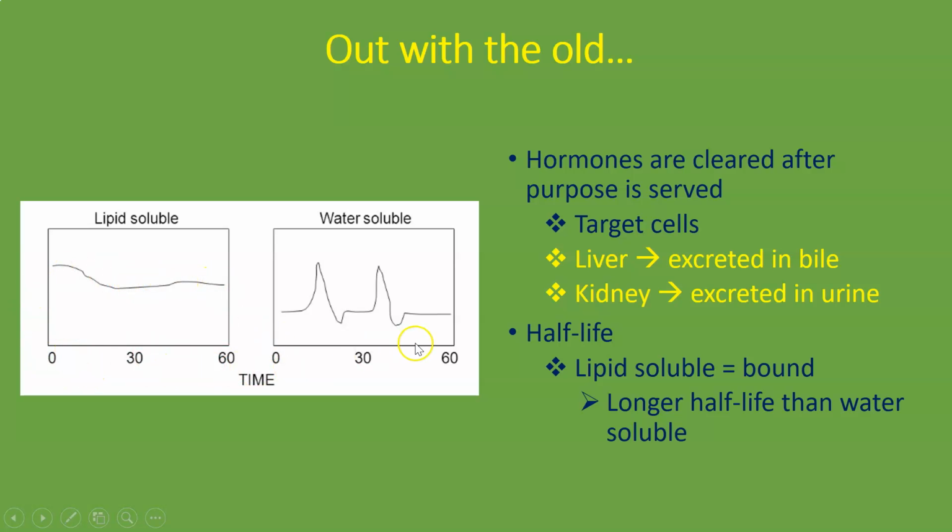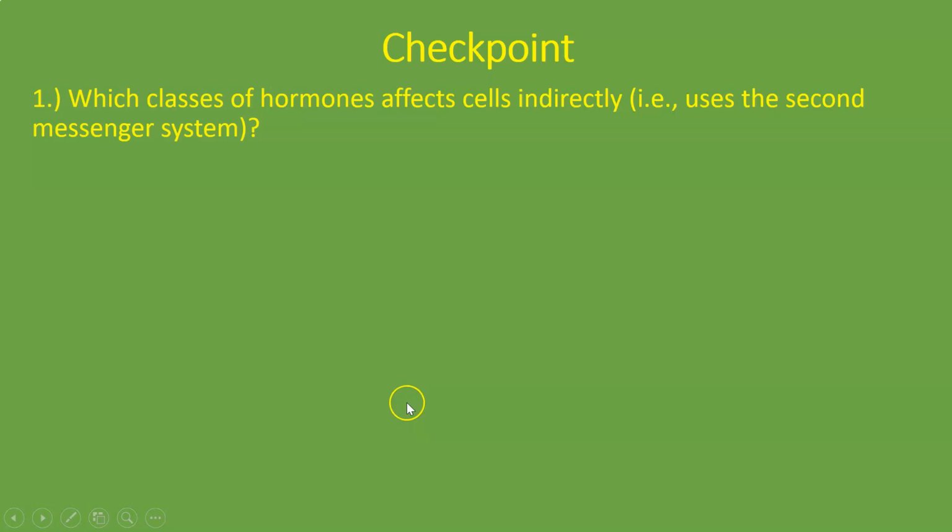You've got time on your x-axis, and then concentration should be on the y-axis here, but you can see that over time the lipid-soluble hormones are going to remain in the blood for a longer period of time at more constant levels than our water-soluble hormones, because again, they don't bind to our transport proteins, and therefore they are exposed to the enzymes. So the lipid-soluble ones have a longer half-life than the water-soluble hormones.